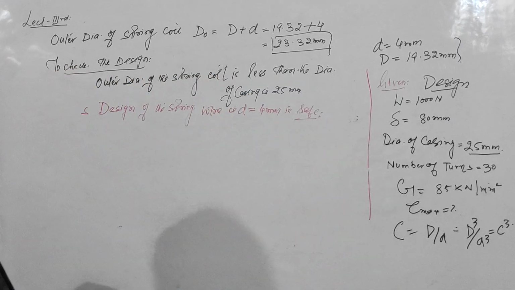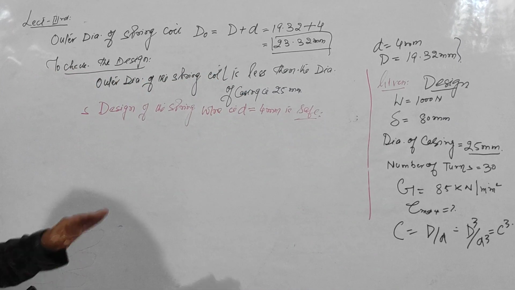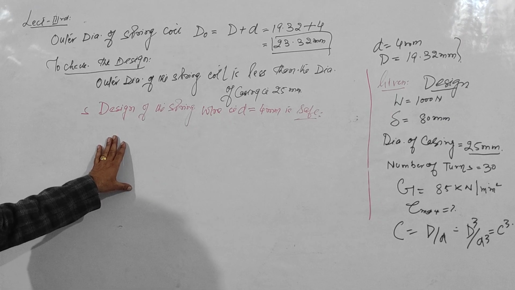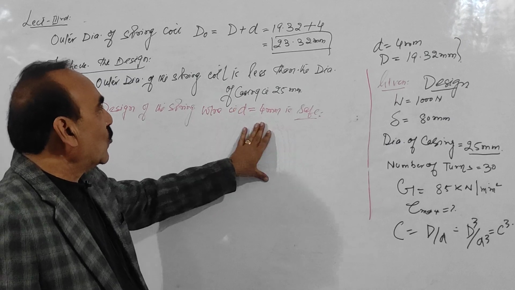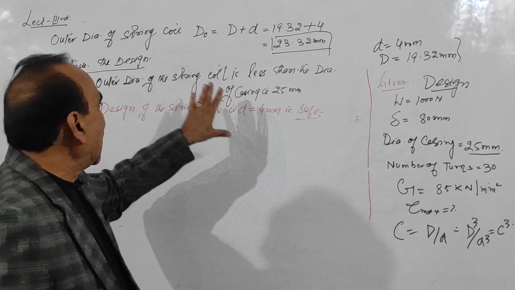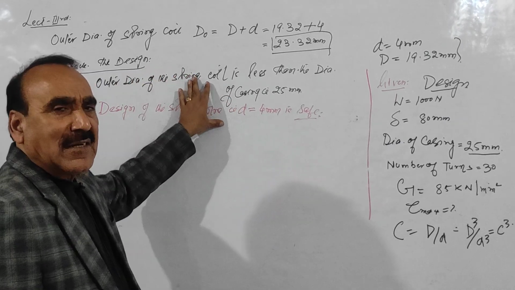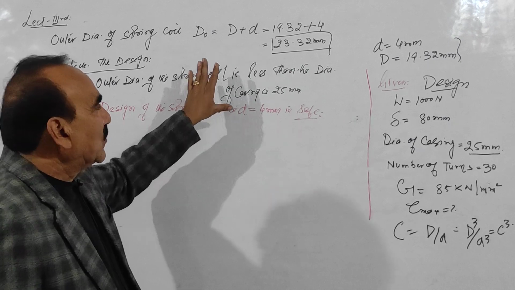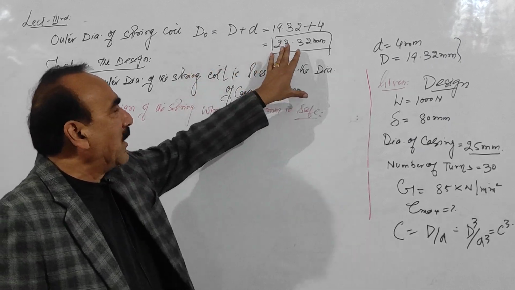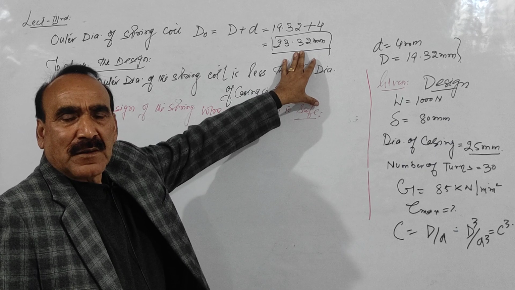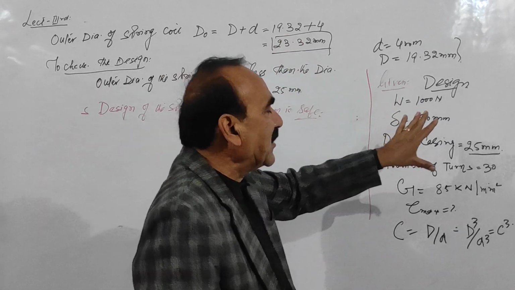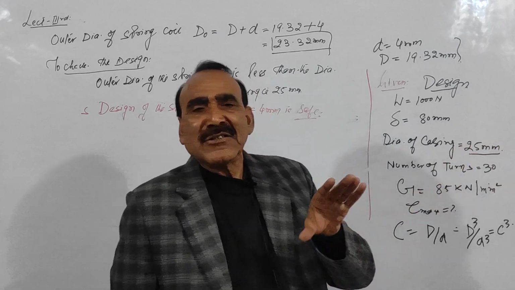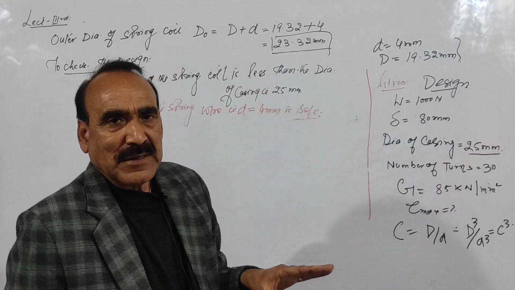समझा गया? चेक हो गया आपका कि जो हमने अज्यूम किया था 4 mm डायमीटर ऑफ स्प्रिंग वायर, उसको अज्यूम करने के बाद जब हमने आउटर डायमीटर ऑफ द स्प्रिंग काइल कैलकुलेट किया तो दिस डायमीटर इज 23.32 mm. So this diameter is less than that of the diameter of the casing where the spring is enclosed.